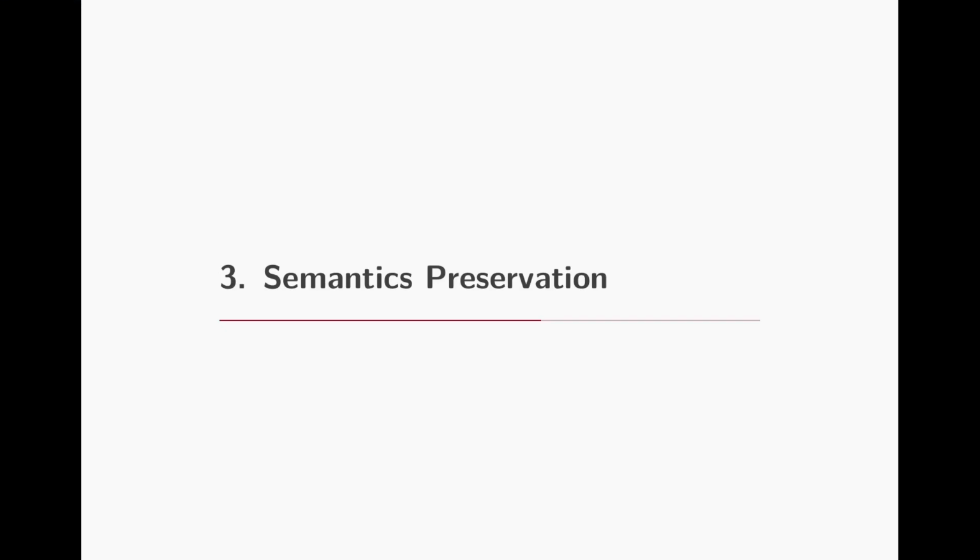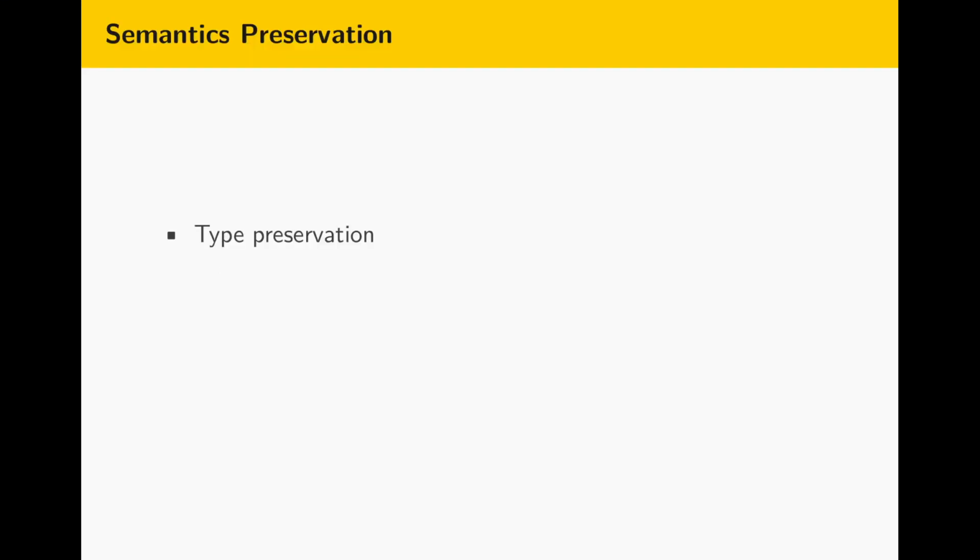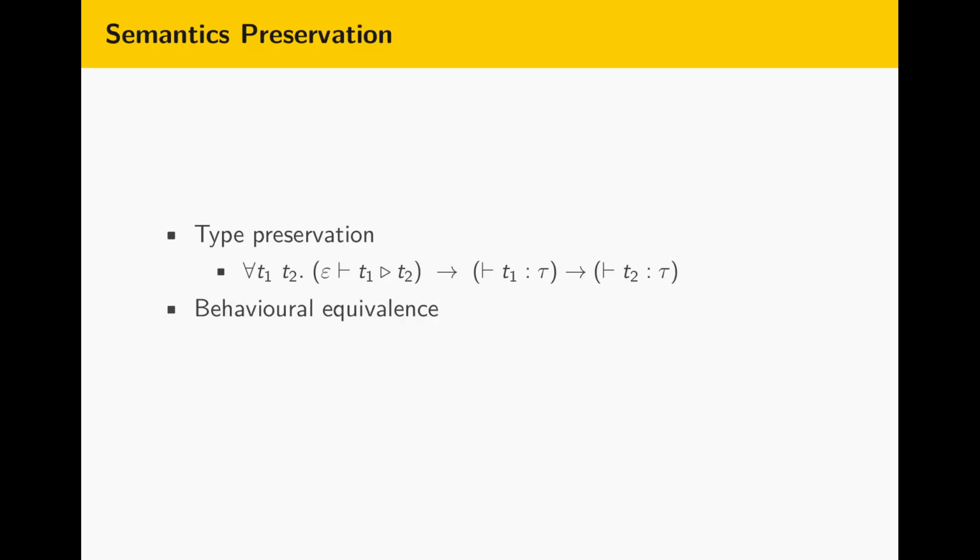The final step for every compiler pass is then to show that the translation relation preserves semantics. This could be static semantics, where we prove that for any two related programs, that implies that they have the same type. Or, more importantly, we want to prove behavioral equivalence, where we prove that related programs have equivalent runtime behavior.